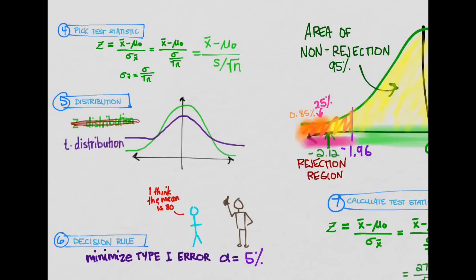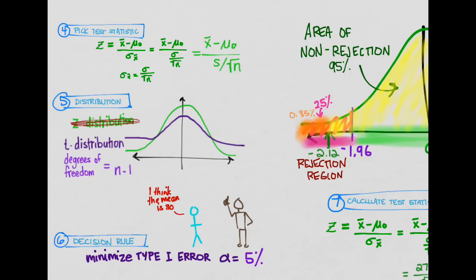And also, the t distribution is a family of distributions. Each are differentiated by something called the degrees of freedom. And the degrees of freedom really is the sample size minus 1. So you'll have a t distribution for 9 degrees of freedom, 10 degrees of freedom, 20, 30.